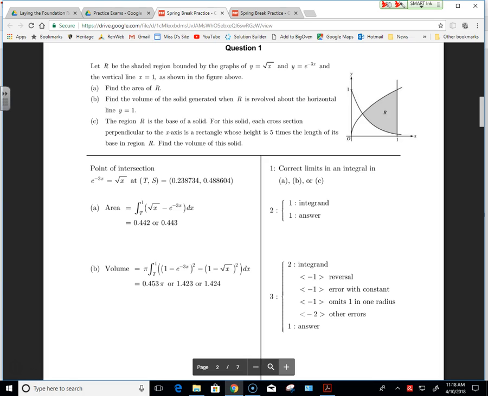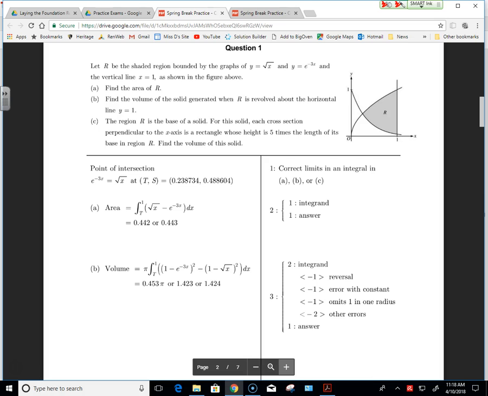Hold on, that's going against everything that I think, because if you write it incorrectly, the point is now null and void. Correct limits in an integral in A, B, or C. So at least once. Yeah, I think you're right. I think it's at least once. But, of course, we want it right in all of them.